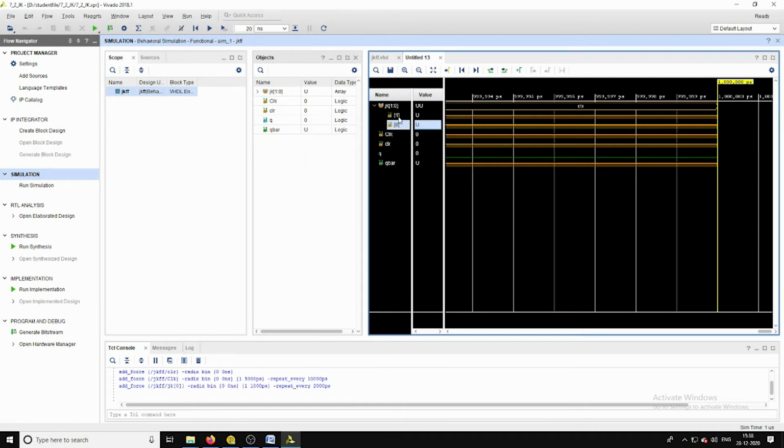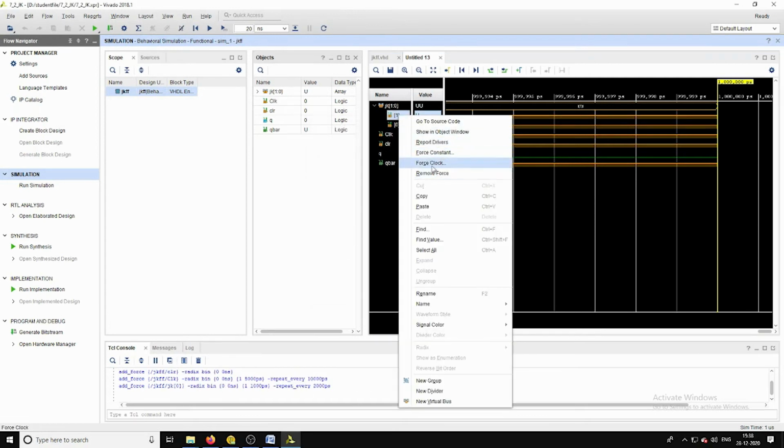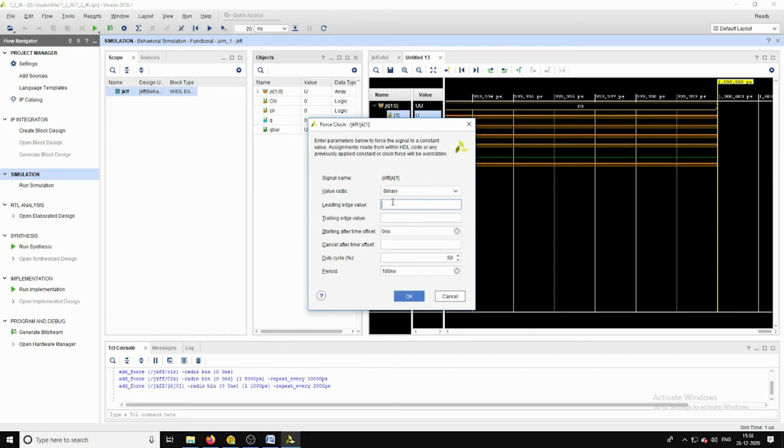And one input with 2 nanoseconds as the period, and the other one I am going to consider with respect to the 4 nanoseconds.